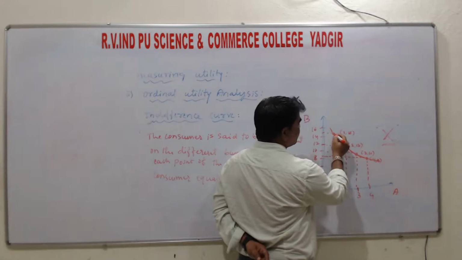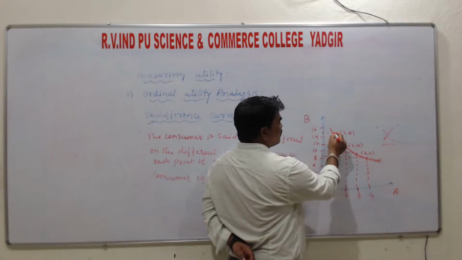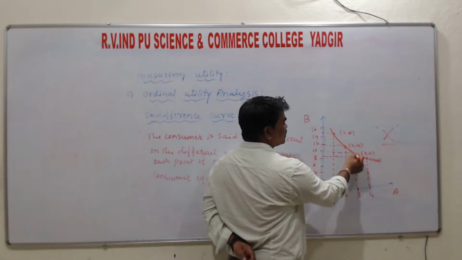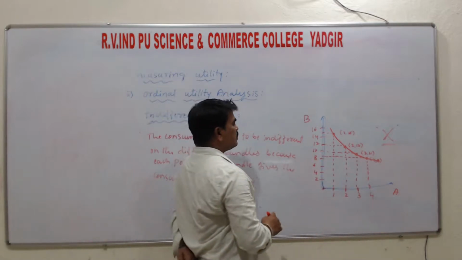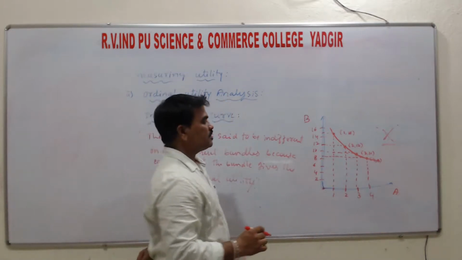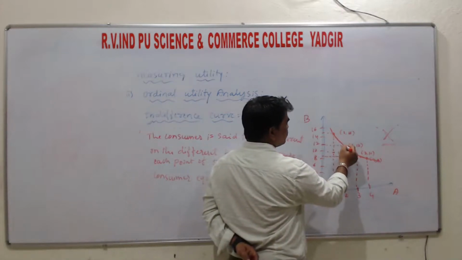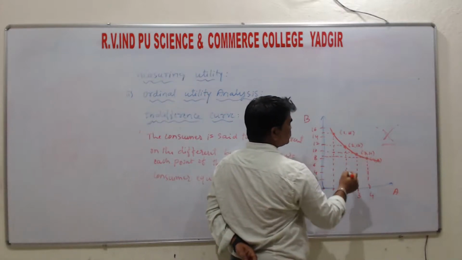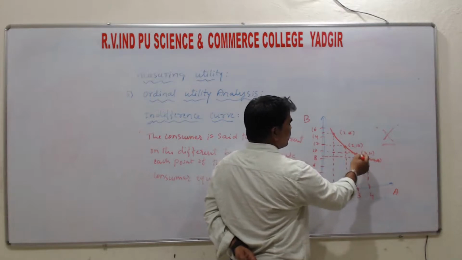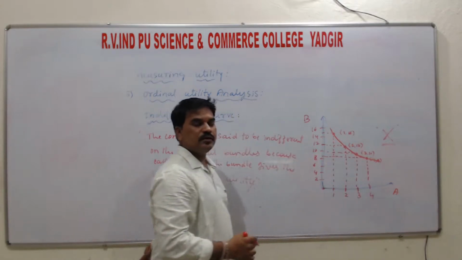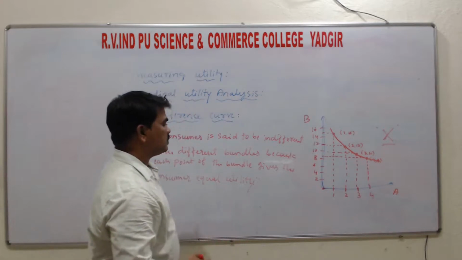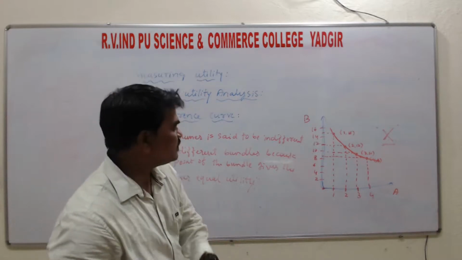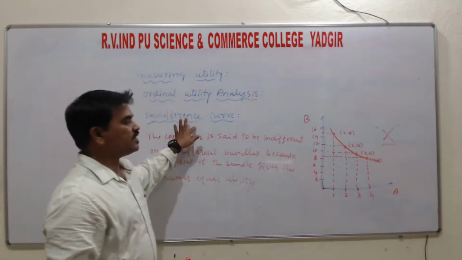If you join these points, we'll get a curve where the consumer's utility is indifferent. So this curve will be called the indifference curve.